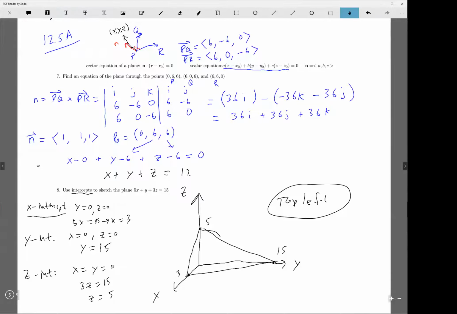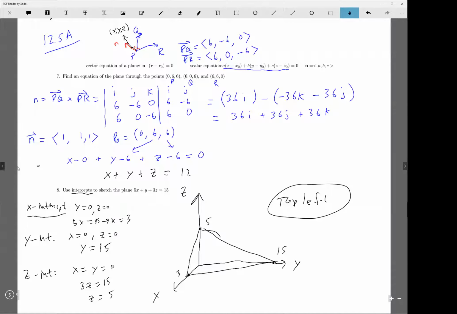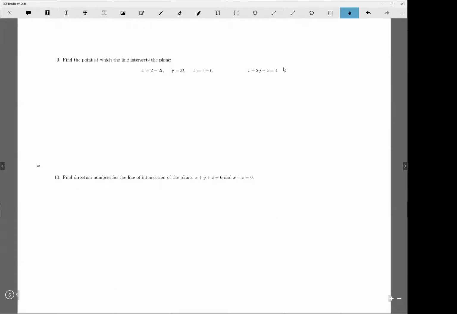Okay, moving along. Number 9. Find the point at which the line intersects the plane. So we have this plane here, here's the equation of a plane. So notice this is kind of in the form of the other planes that we're talking about. Like there's a plane right there, and that's a plane. Okay, so that's in that form.